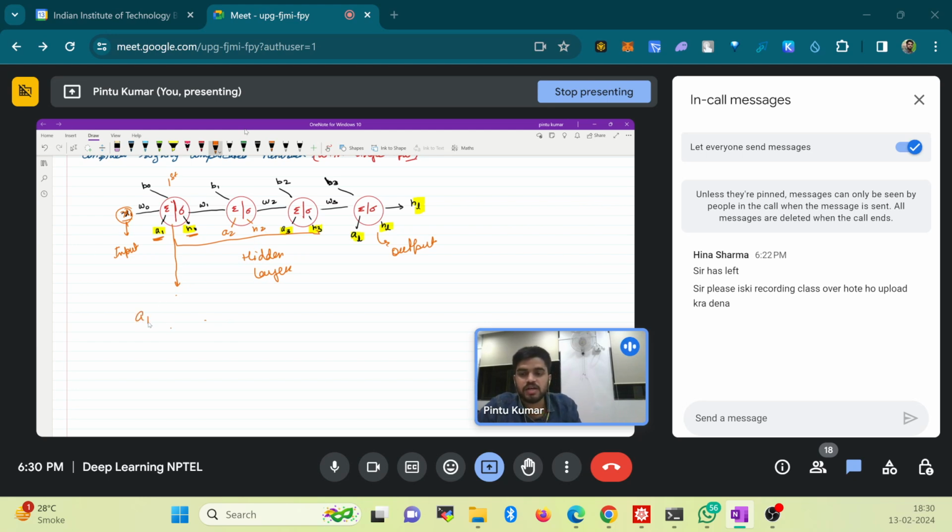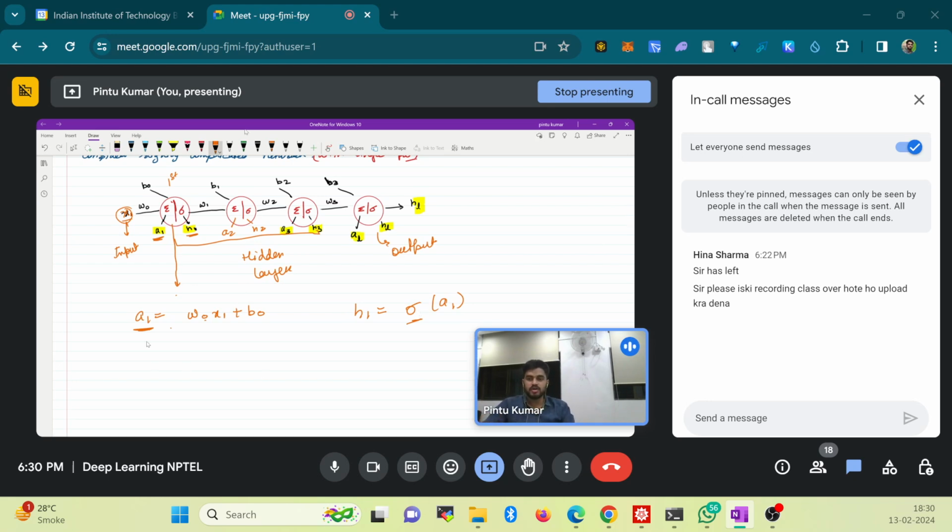So what is A1? A1 over here is W naught X1 plus B naught. This is what my A1 is. I'm just taking the aggregation, and my H1 would be sigma A1. So I'm passing it through some nonlinear function. Okay.